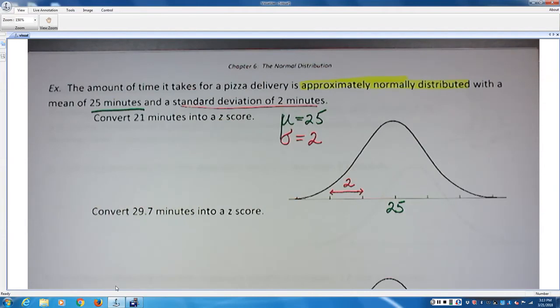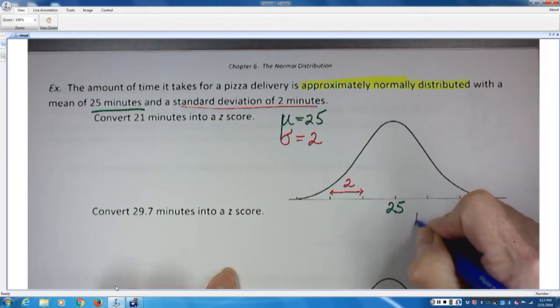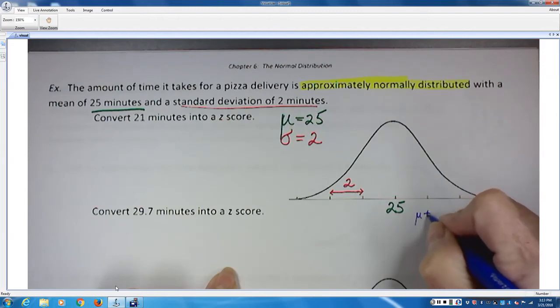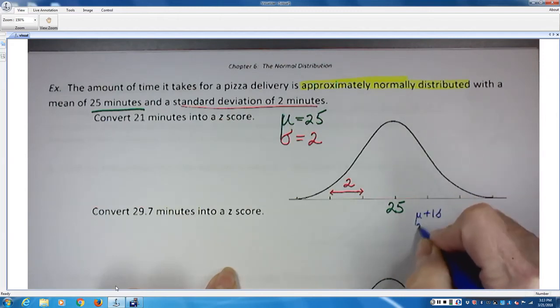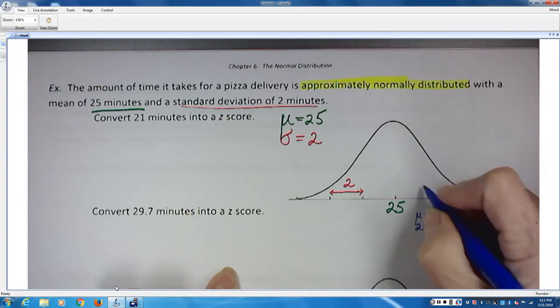So what that means to us in terms of our delivery times is that this delivery time is 25 plus 2, which makes this one 27.